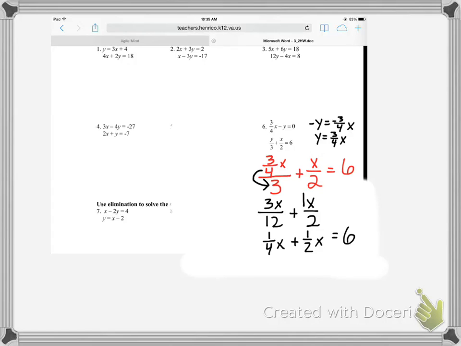Now, 1/2, remember, we have to have a what in order to add fractions? Common denominator. So what is 1/2 the same thing as if I need to make it fourths? 2/4. That's the same thing as 2/4. So I could simply just replace it with 2/4. Okay.